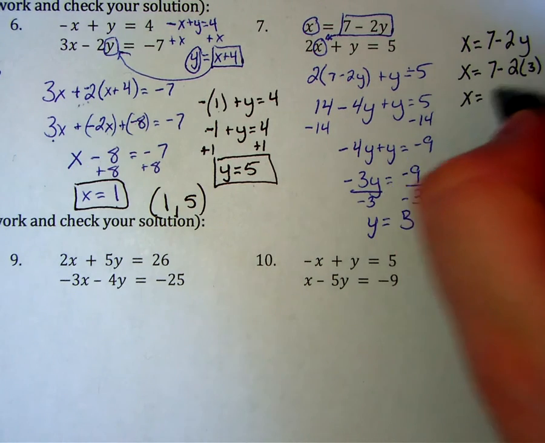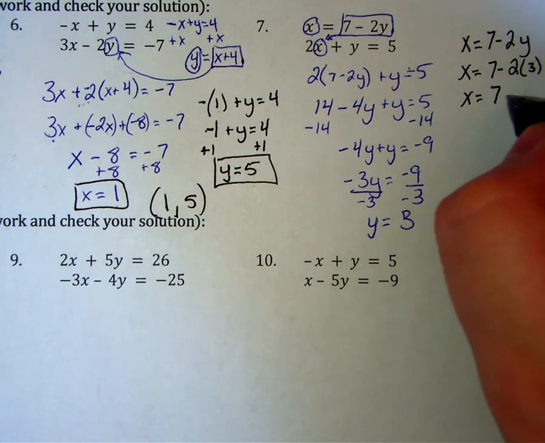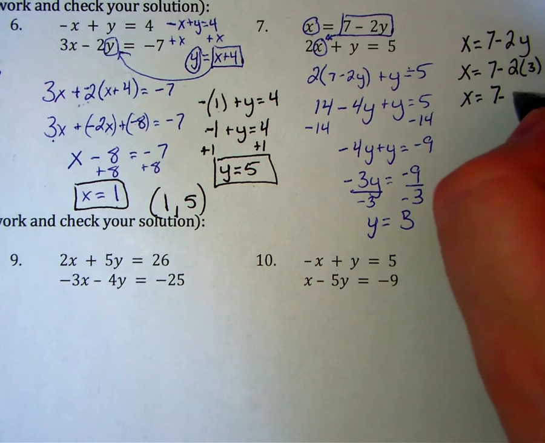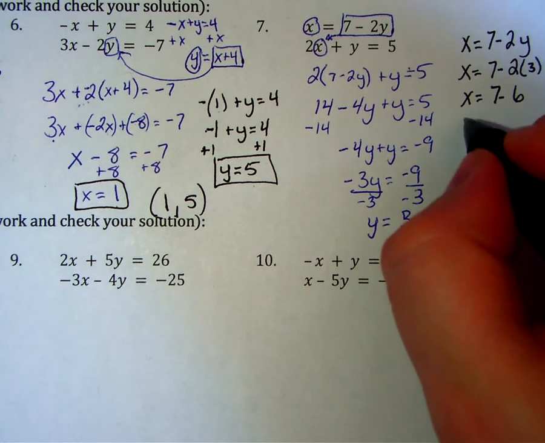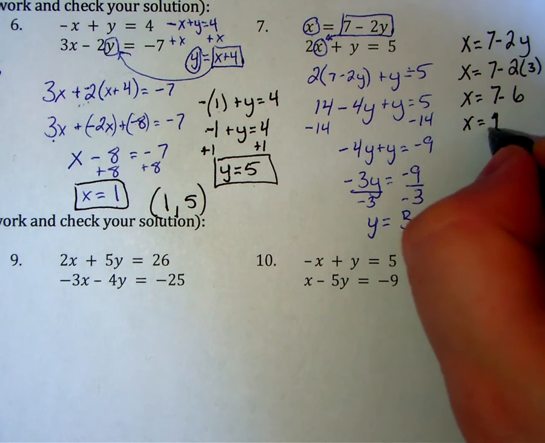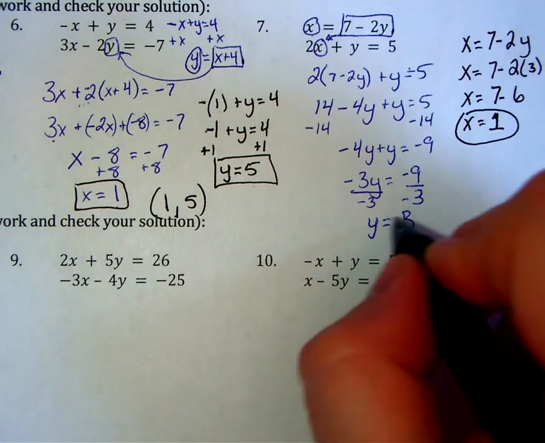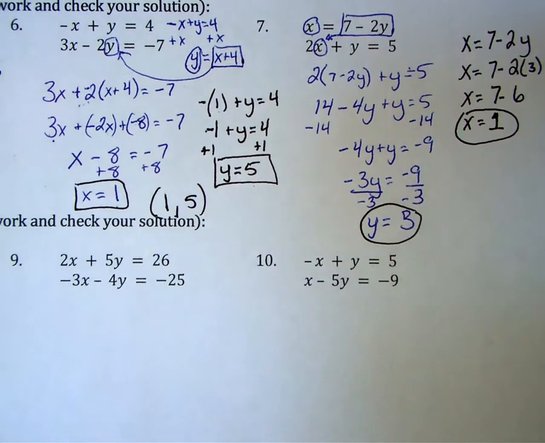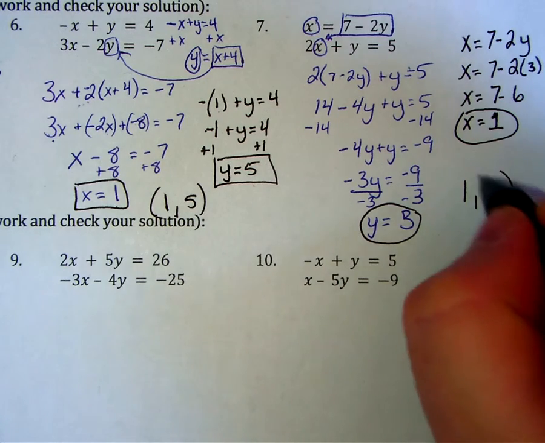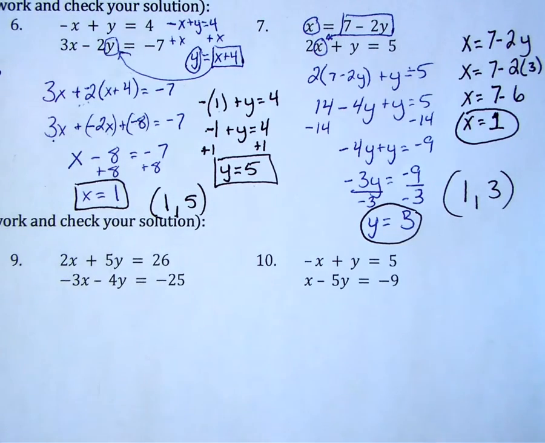Notice I'm just doing order of operations here now. 2 times 3 is 6. So x is equal to 7 minus 6, which is 1. So our system solution would be 1, 3. Again, you can plug those in to check your answers.